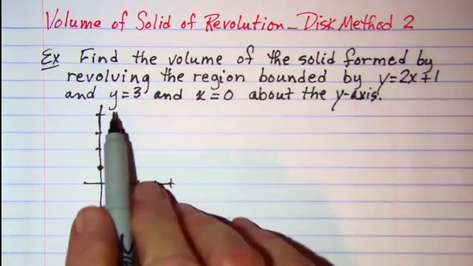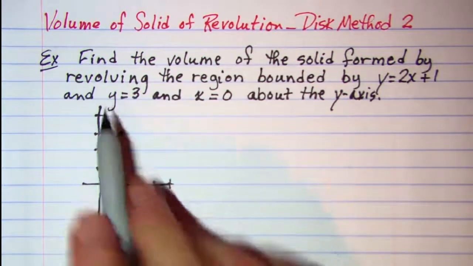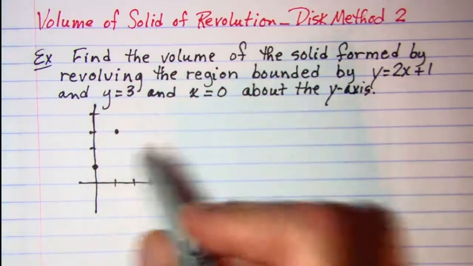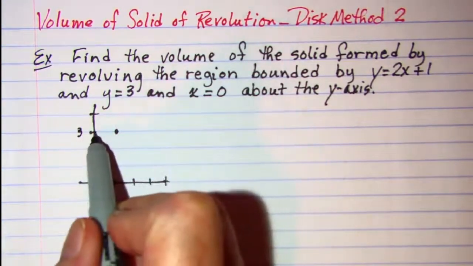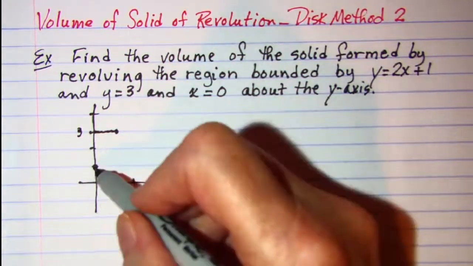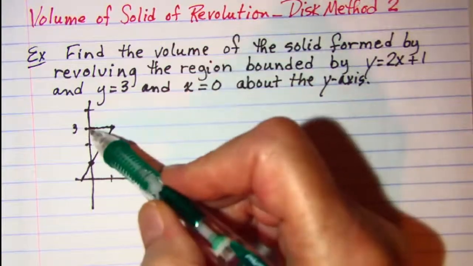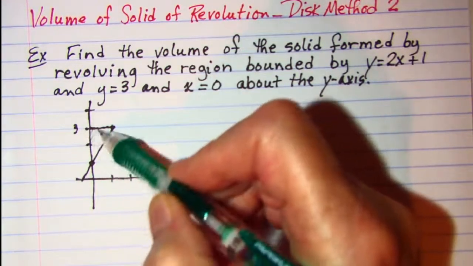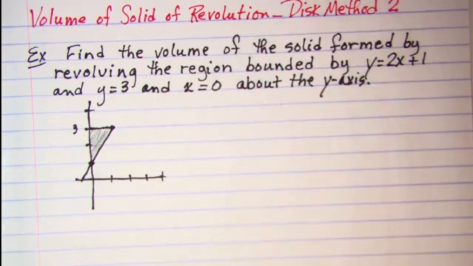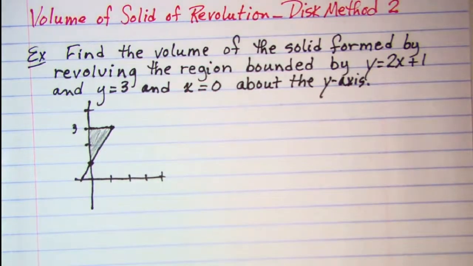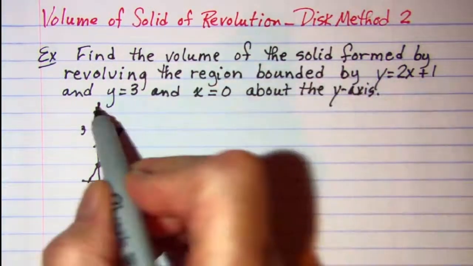And we're finding our volume when the region is bounded by y equals 3 and x equals 0, so it's basically this region right here. And we're revolving about the y-axis.